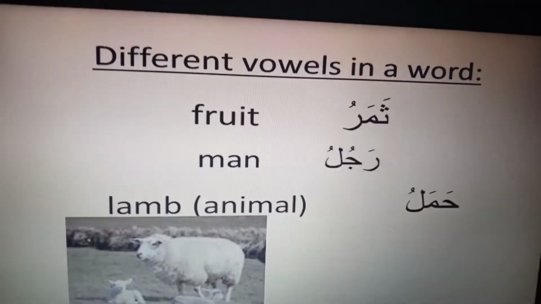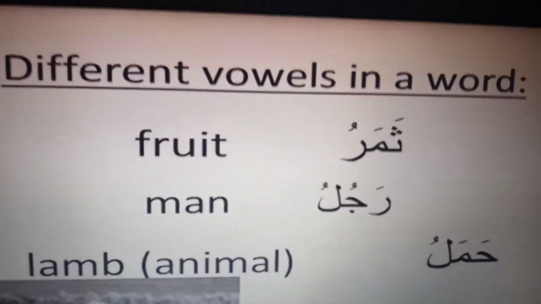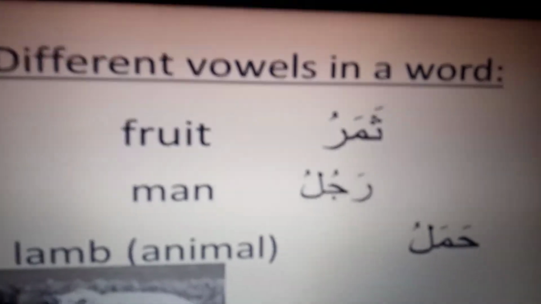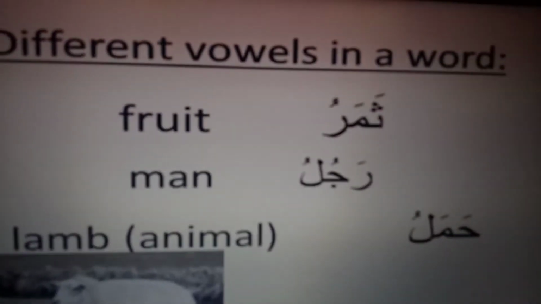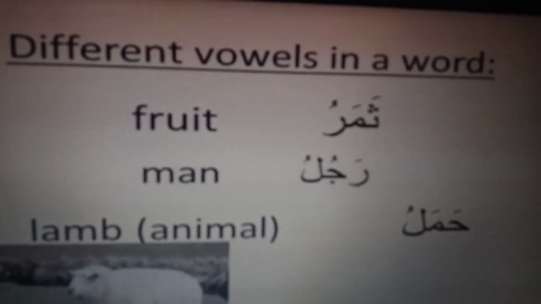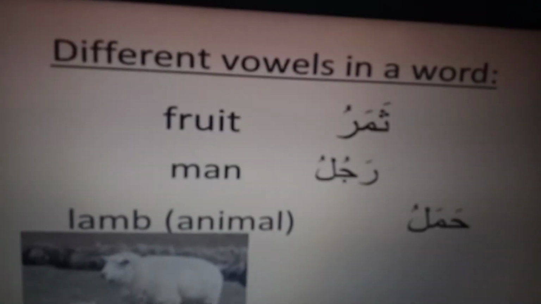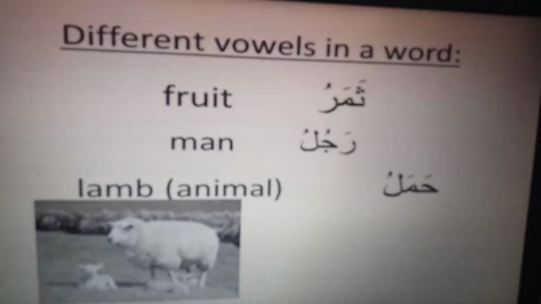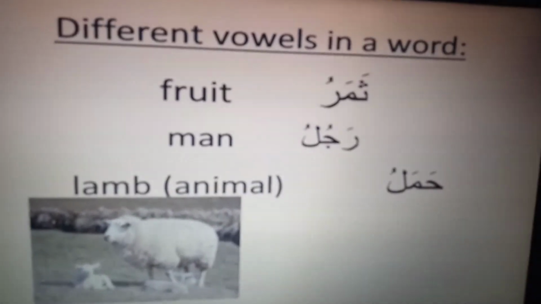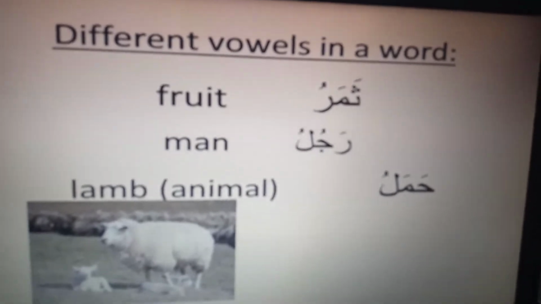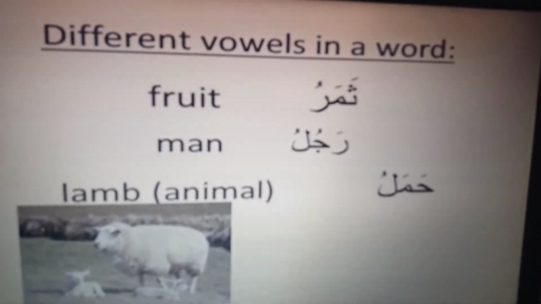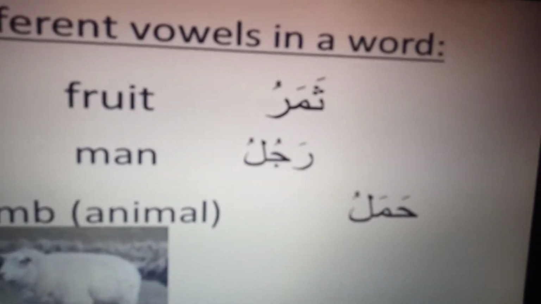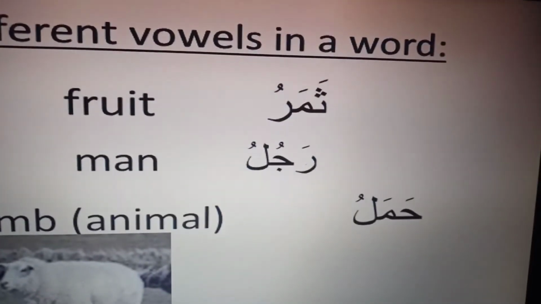So taking the first example here, the first letter of that word is pronounced as tha, and mim with a fatha over it is pronounced as ma, and ra with a dhamma over it is pronounced as ru.